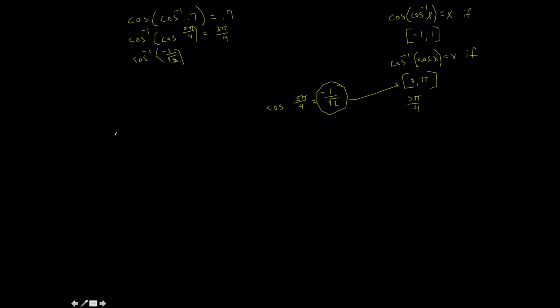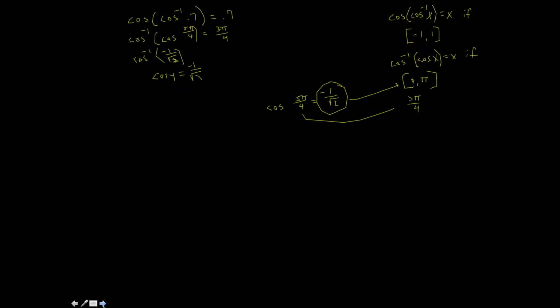So you had to ask yourself, where is the cosine of y this answer? And that's at 3 pi over 4 in this interval. So remember, we equated these two angles. The cosine of this angle is negative 1 over square root of 2. So what angle in this interval has that answer, and it's 3 pi over 4? That's how we answer that problem, when it doesn't just fall in our interval like we're used to.